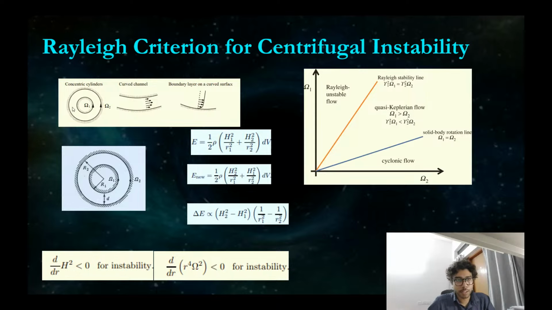So for example, let's say we have some concentric cylinders, right? So here we have these two different shells rotating at different velocities, omega 1 and omega 2, right? And for example, the example that I was giving, that you have a jar of water and you rotate the jar. So you rotate the jar at some particular angular velocity, right?